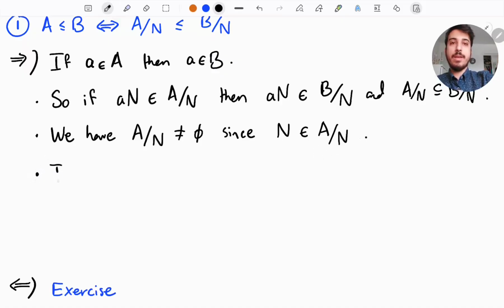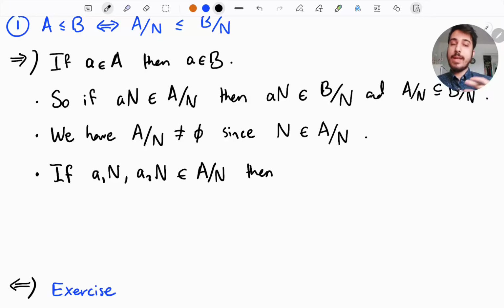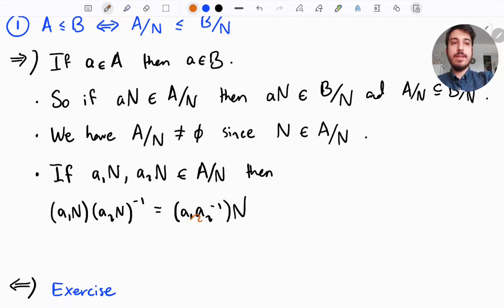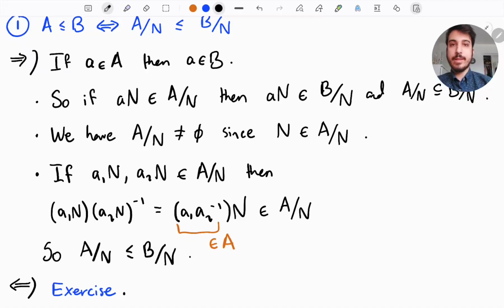Next, if a1N and a2N are two elements in A/N, then if we take a1N times a2N inverse, this is exactly equal to a1a2 inverse N. And this here is an element in A because A is a subgroup of B. So this is in A/N. Thus proving the forward direction of the first result. The backward direction is again left to you as an exercise.